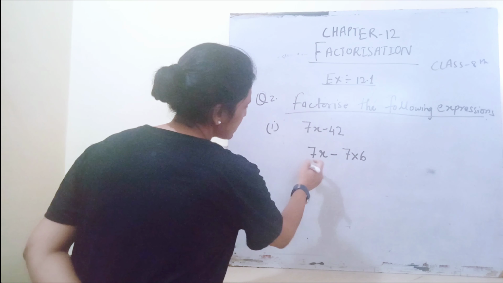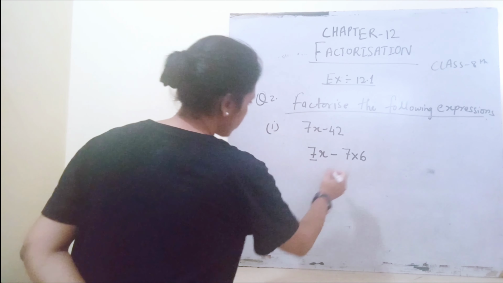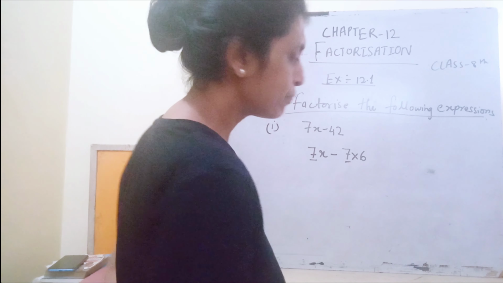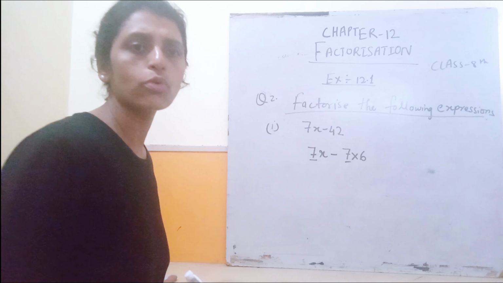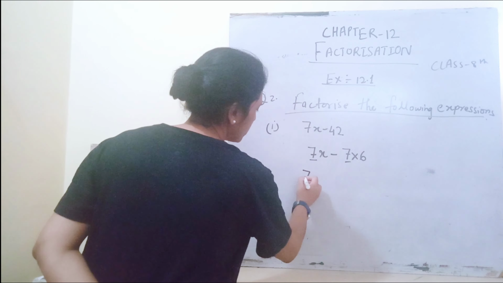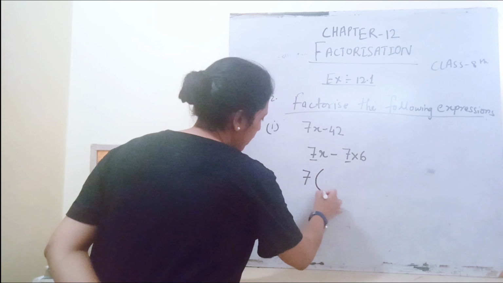So you can see here we have 7 as one of the factors, and here also 7 as one of the factors. Since 7 is available in both the terms, we can take 7 as the common factor. So what will be left behind?